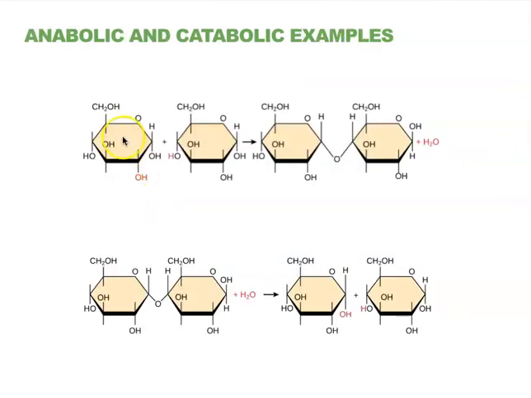Here's an example of one. Here's a glucose molecule plus another glucose molecule gives us now this disaccharide, and that disaccharide now has water, so we know this is a dehydration synthesis reaction. And in the presence of water, when we need to access the energy inside of these molecules to break them down, this catabolic reaction is going to be releasing some energy, but notice what's happened.